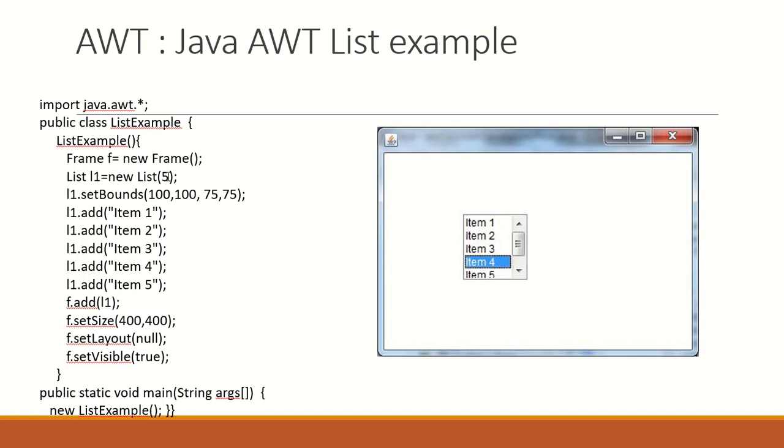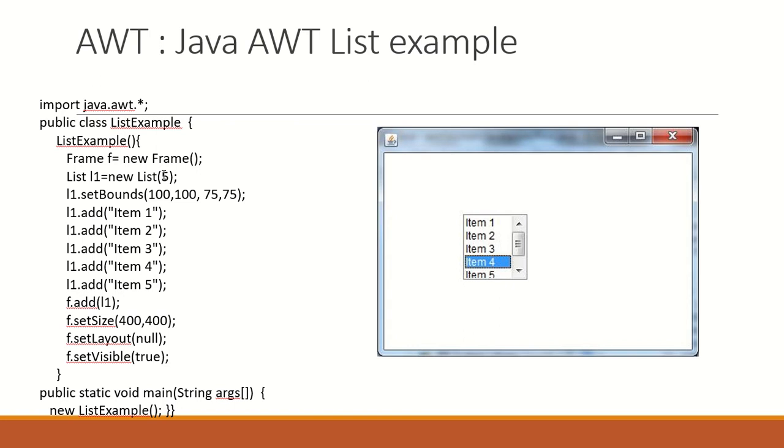As always with any other component of the AWT, you are going to set the boundary of your list. So at the position indicated by 100 you will have a list with 75 width and 75 pixel height. We have used 5 inside the constructor, which means the list is able to hold 5 elements.